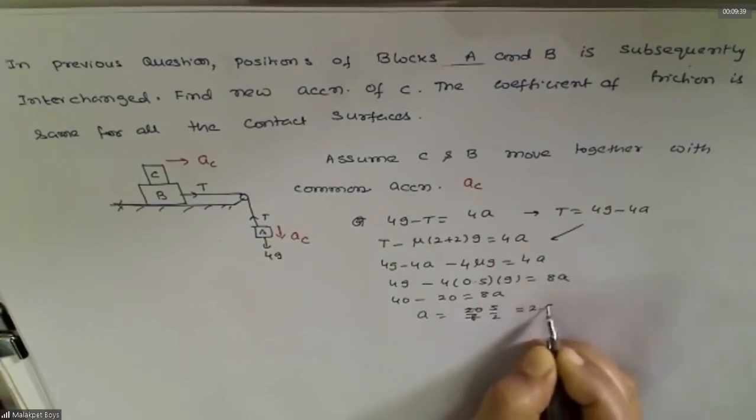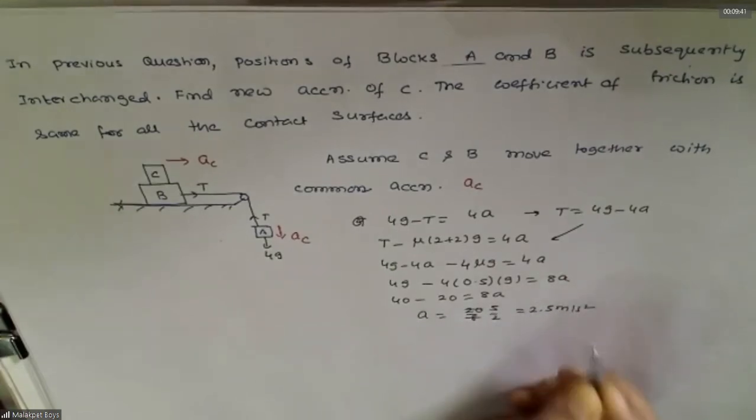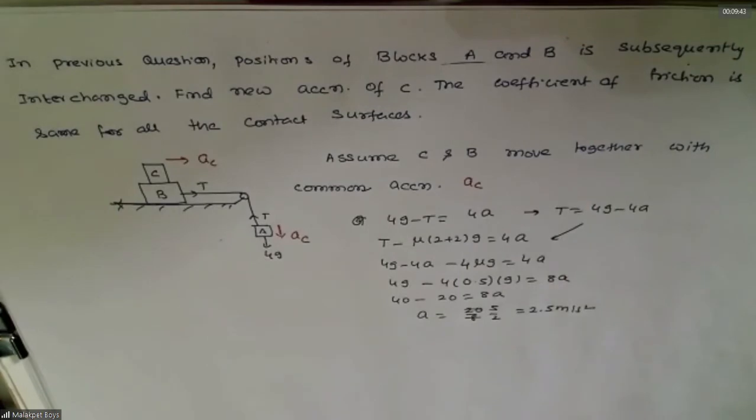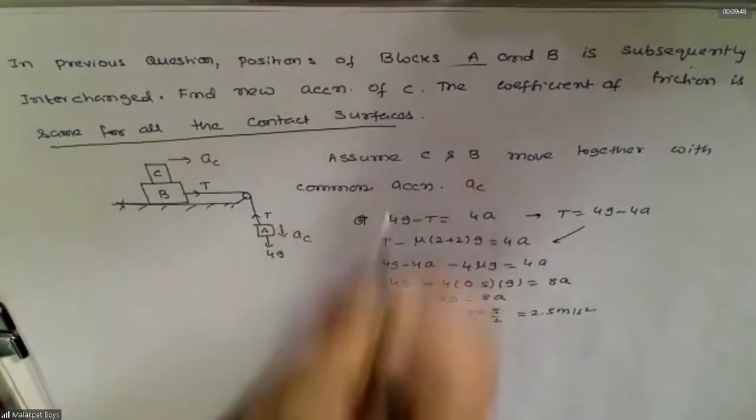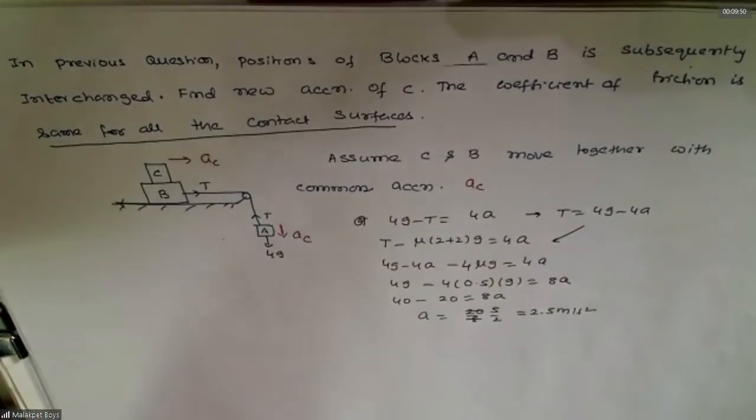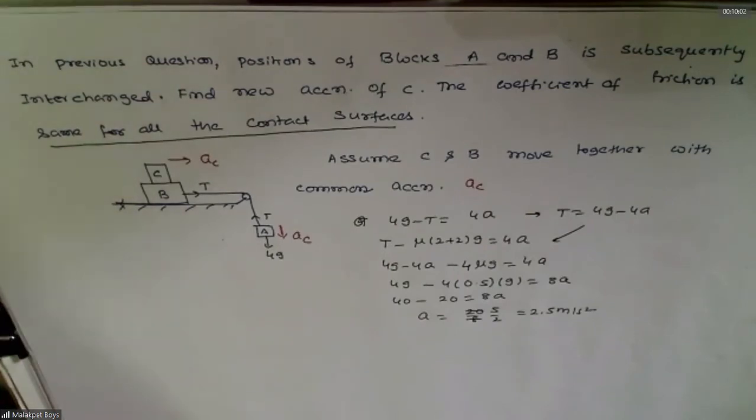Is it correct? Coefficient of friction is the same, he is saying. It is the same for all contact surfaces, that means between B and horizontal, A and horizontal, C and horizontal, C and B, always it is the same. And that we found as 0.5. Understood this? Yes, sir.